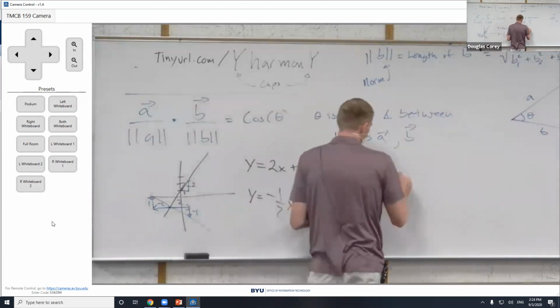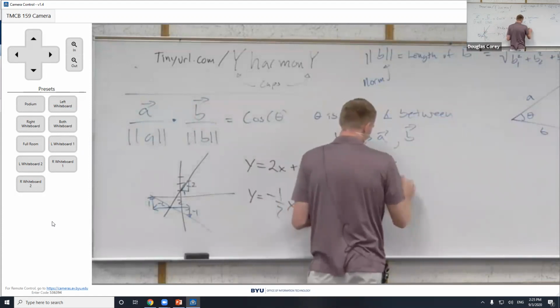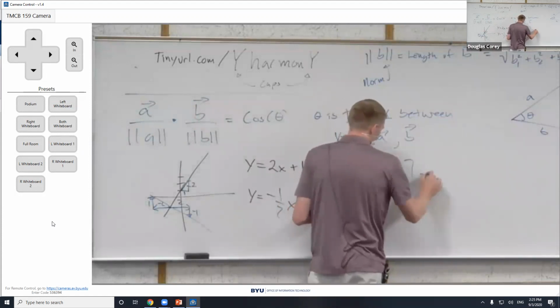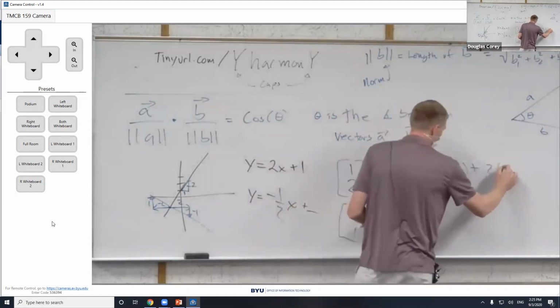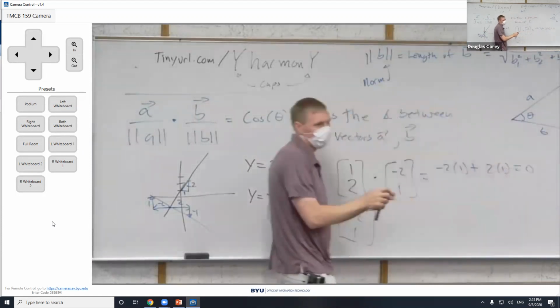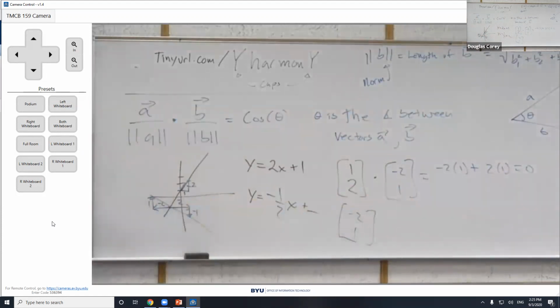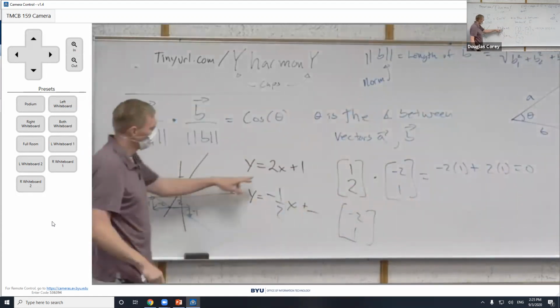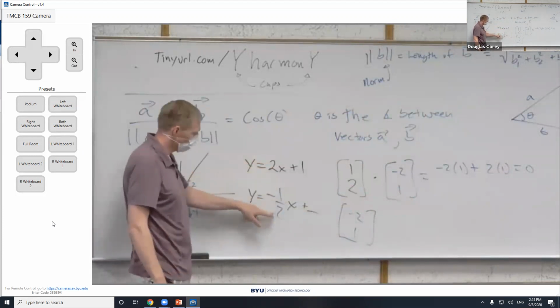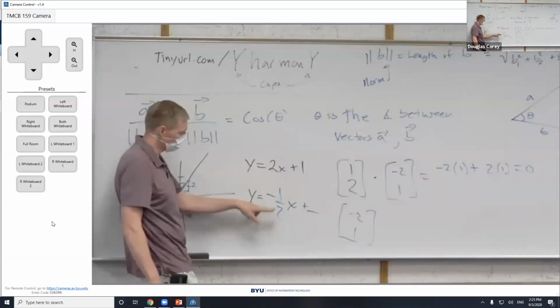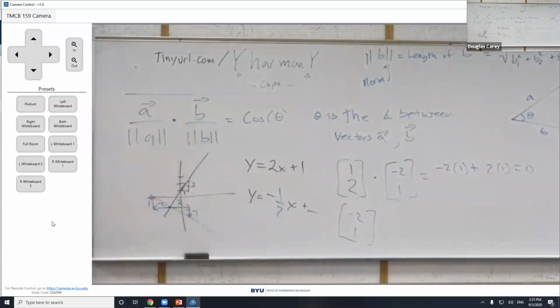What happens when I take the dot product of those? Zero. So you can think of this as 2, -1, 2 in one direction and -1 in another. The dot product of those is 0.